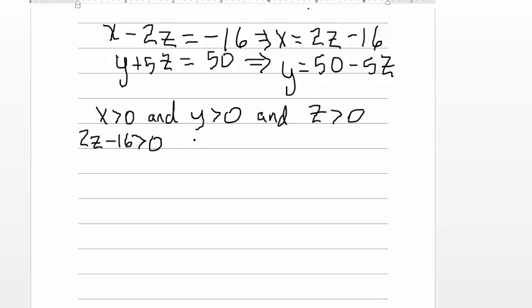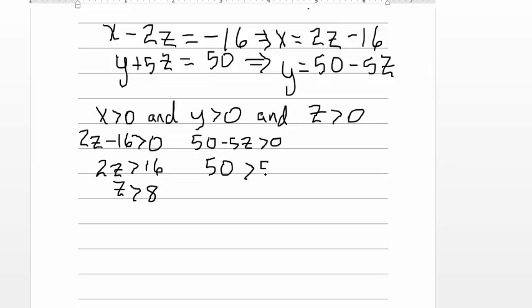Since x is 2z minus 16, that needs to be bigger than 0. Y is 50 minus 5z, that needs to be bigger than 0. And of course, z needs to be bigger than 0. So when I simplify these inequalities, z needs to be bigger than 8 and 10 needs to be bigger than z, which is the same as z needs to be less than 10.